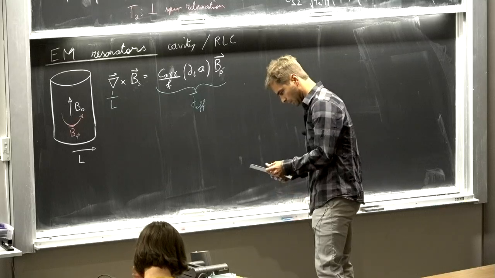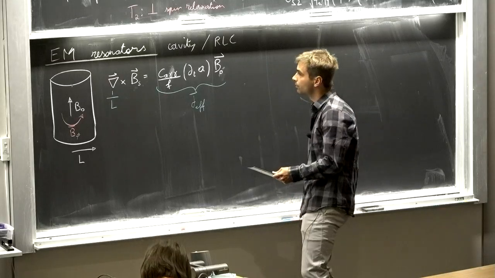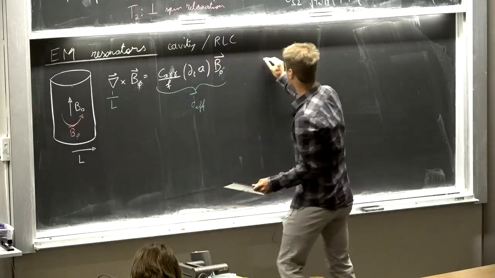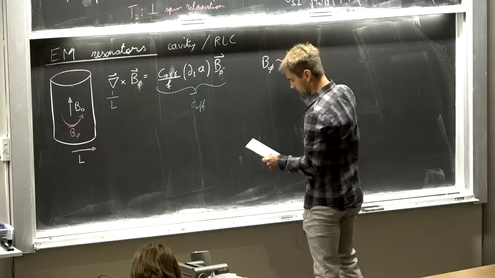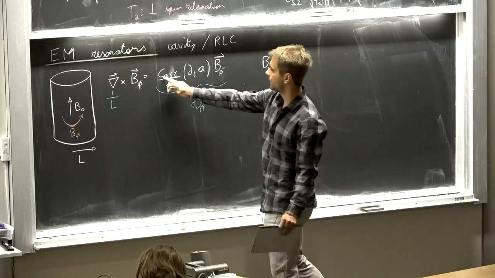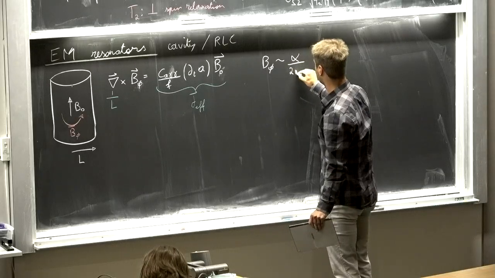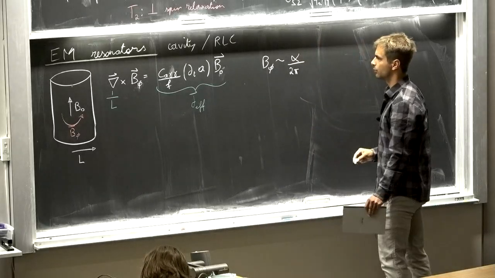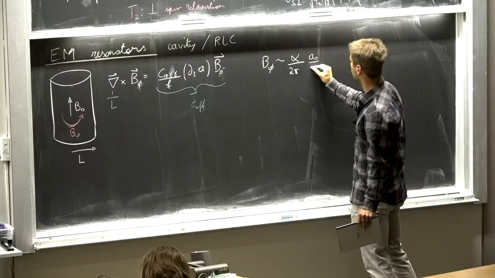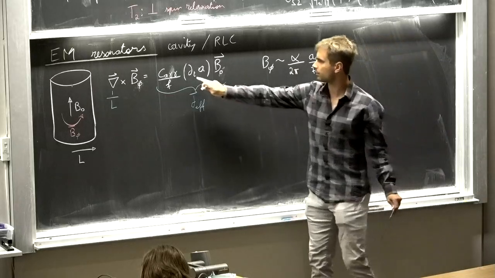So the size of this B phi will be the naive size of this coefficient, which we saw yesterday is roughly alpha over 2 pi, times this axion amplitude over F, and then the mass of the field from this derivative here.